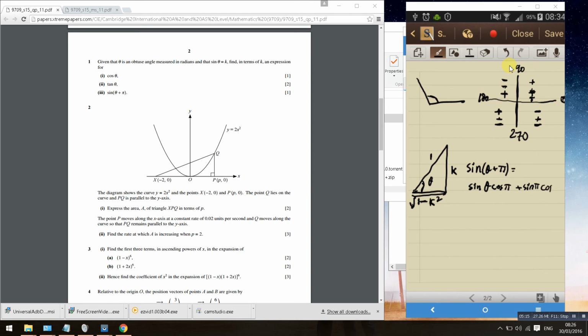If you type sine pi into the calculator, there's a 0, so cancel that part. The second part is nothing. Cosine pi is negative 1. So really sine of theta plus pi is just minus sine theta. And you know that sine theta is already k, so that means that the final answer is just minus k.